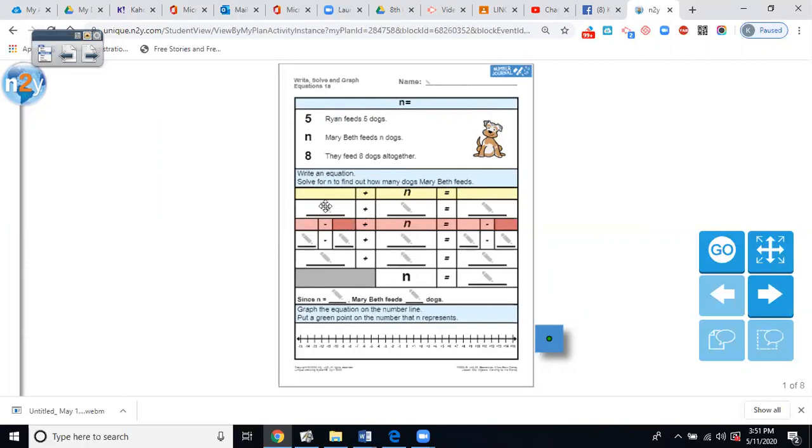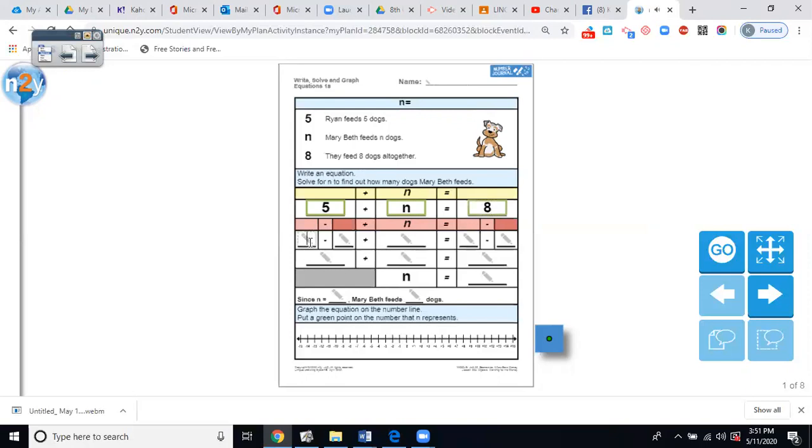Okay, so we have 5 right here that Ryan feeds, plus n, how many Mary Beth feeds, we don't know. So we'll just use n until we find that out. Now this is the number that they feed all together, which is 8.